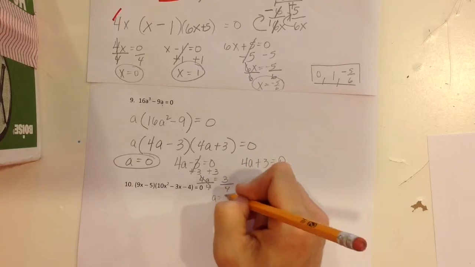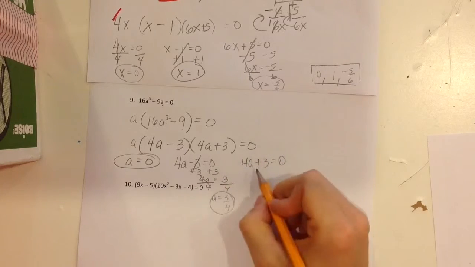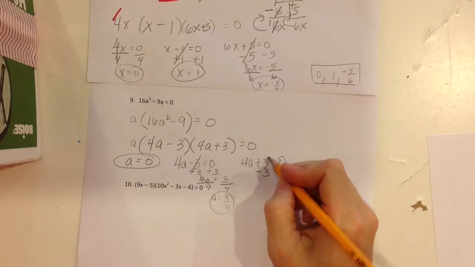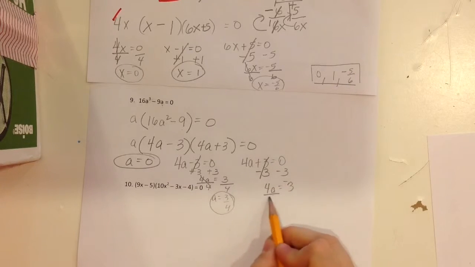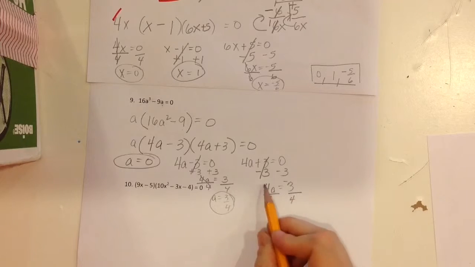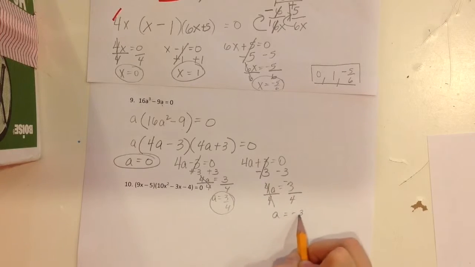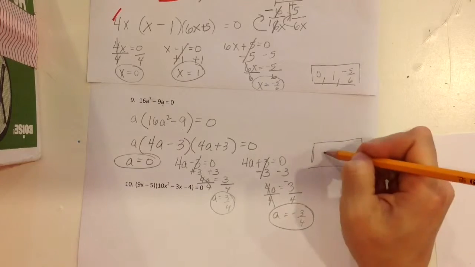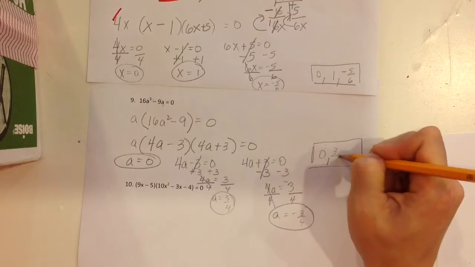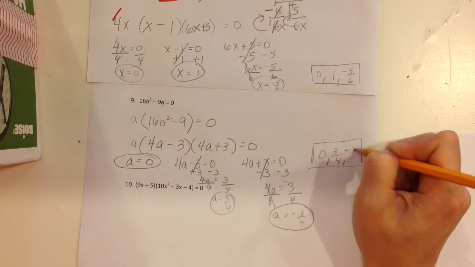So a equals 3/4. I'm going to subtract 3 from both sides and divide by 4. So a equals -3/4. So again, I have 3 answers. I have 0, 3/4, and -3/4.